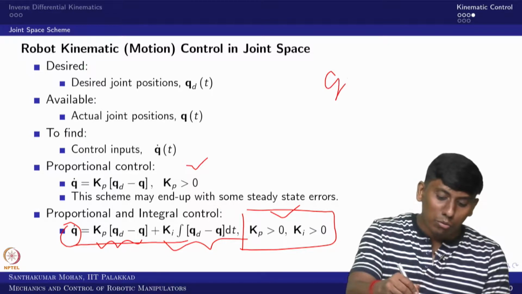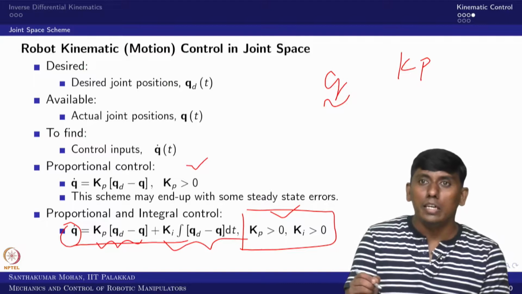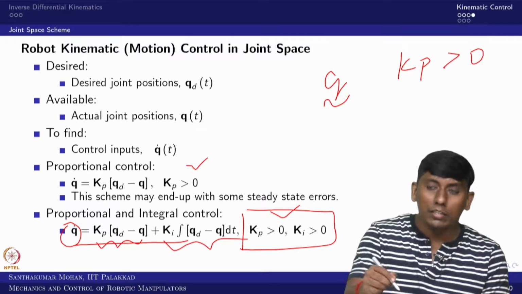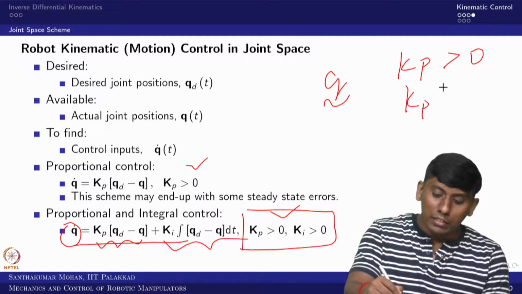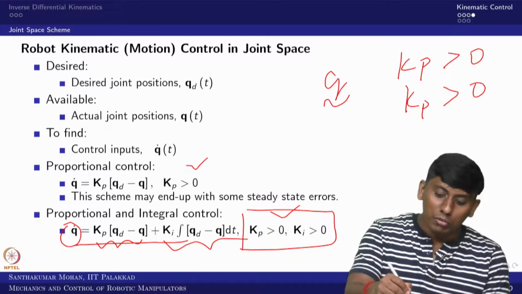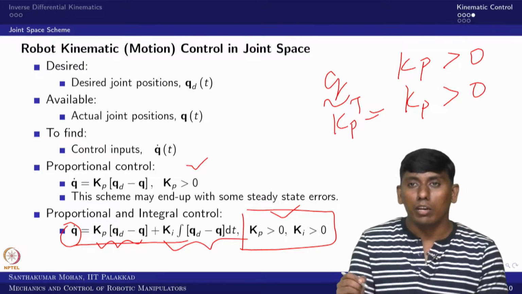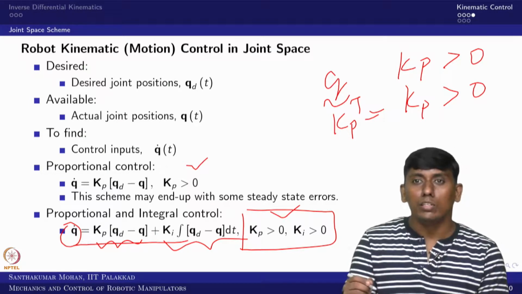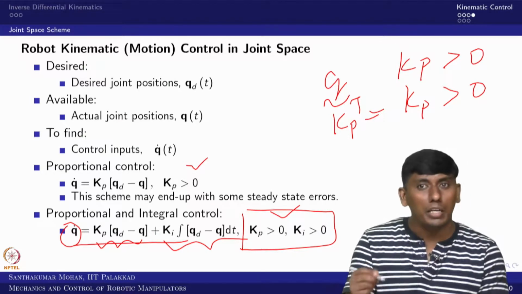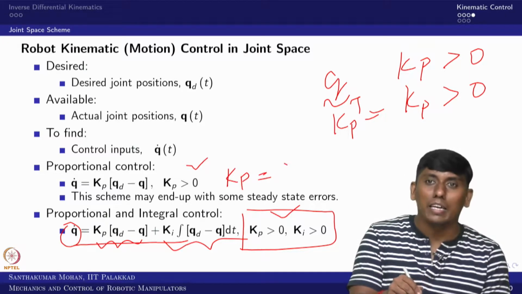Since q is a vector, this matrix is supposed to be a positive definite matrix. More or less people try to use this Kp as positive, and in addition to that, symmetric. This is further extended, but most robotics researchers, when applying in real time, take it as a diagonal matrix.